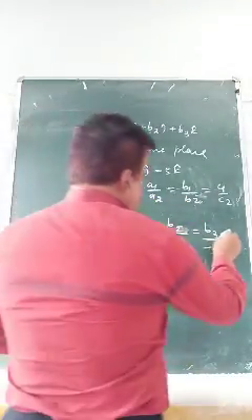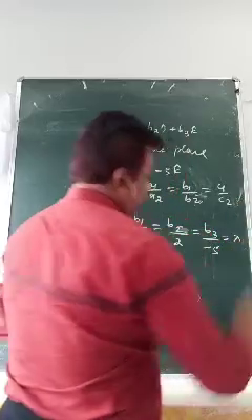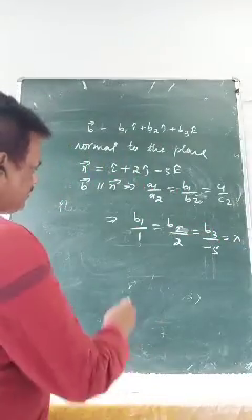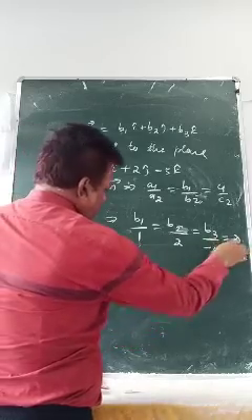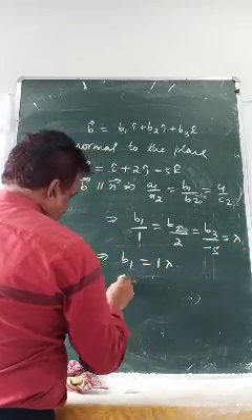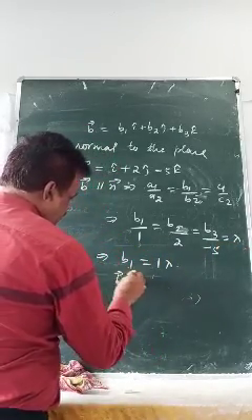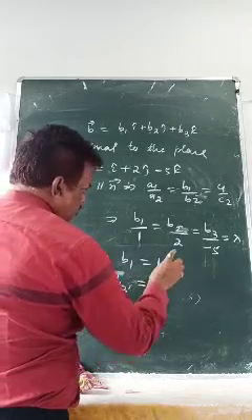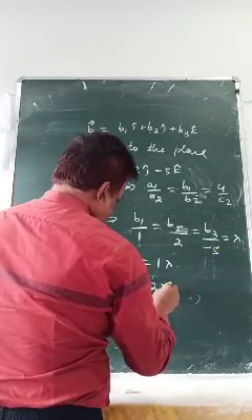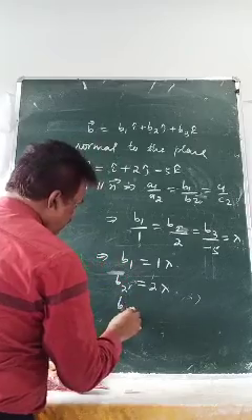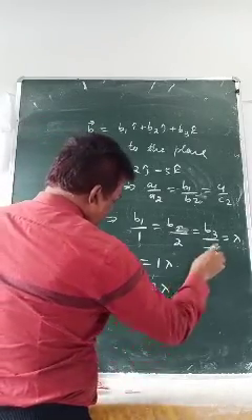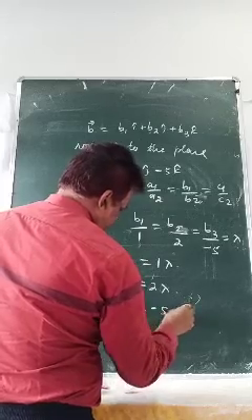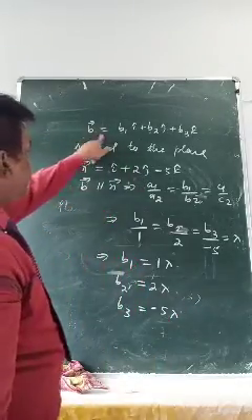Suppose it equals lambda, which means b1 equals 1 lambda, b2 equals 2 lambda, b3 equals minus 5 lambda. That means you got the b vector.